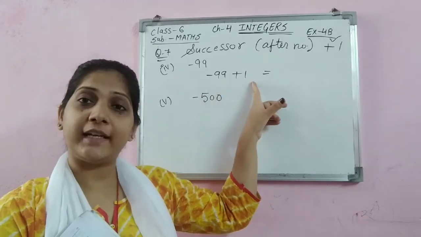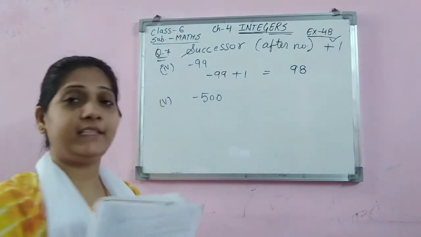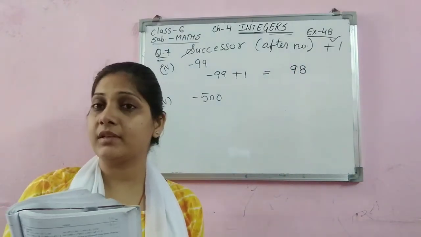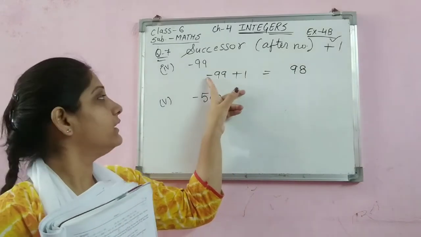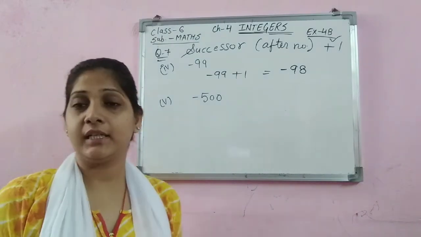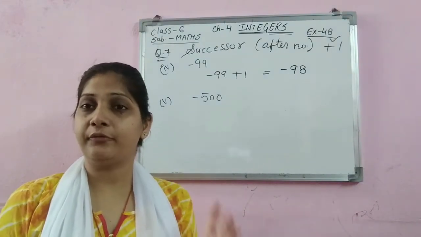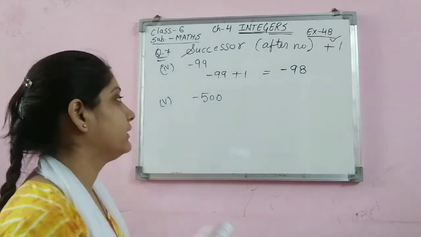What is the difference of 99 and 1? It is 98. Now 98 comes with negative or positive? It depends on the greater number, and the greater number is 99. It is having a negative sign. We have to give the negative sign to it. Rule number 2: different signs, subtract the digits, sign according to the greater number.